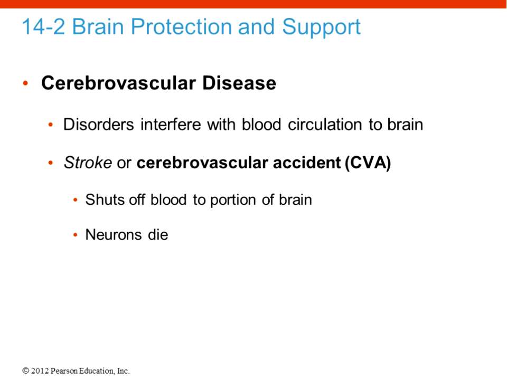Cerebrovascular disease, then, is some sort of interference of blood circulation to the brain. And so a stroke or cerebrovascular accident is when a portion of blood to the brain has been blocked or shut off, right? And so as a result, the neurons are not going to survive, and you get an area of neuronal death in that location. And they can range, right?